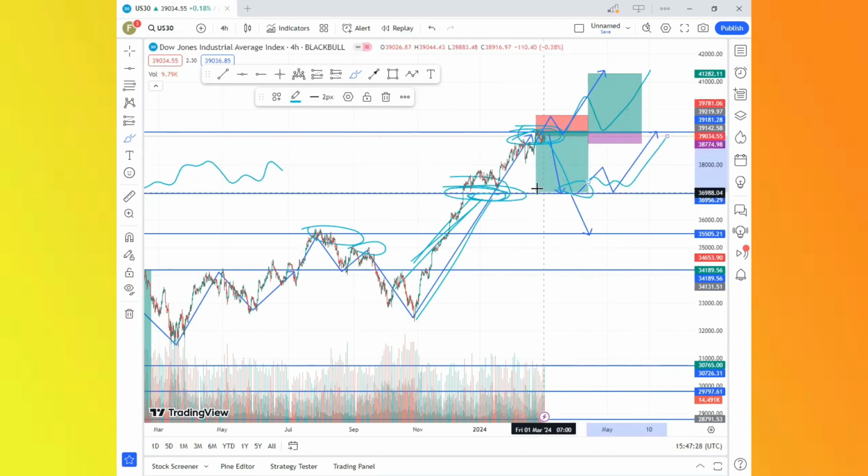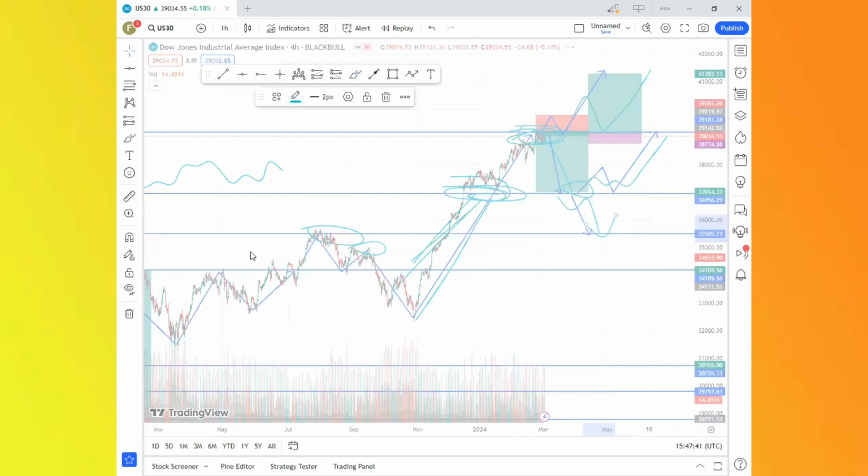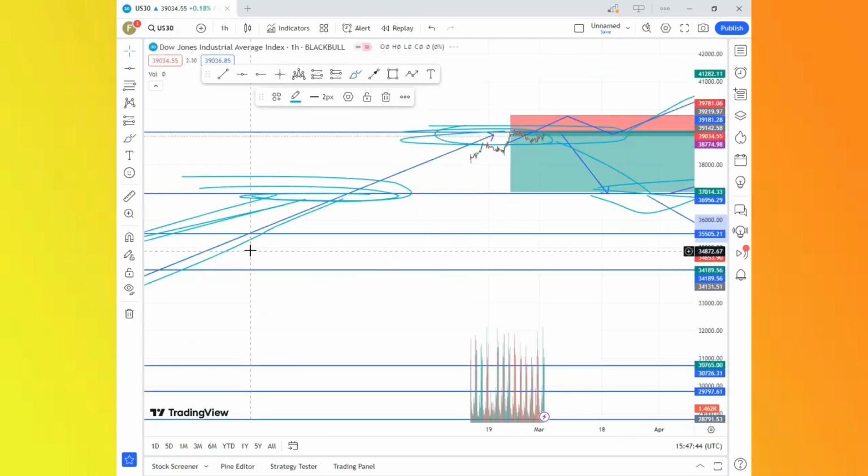But however, if the market does break this level here, we'll expect a break, a retest, and a continuation to the downside. Let me move to a 1-hour time frame to see if this is what we should be looking at and expecting from US30.